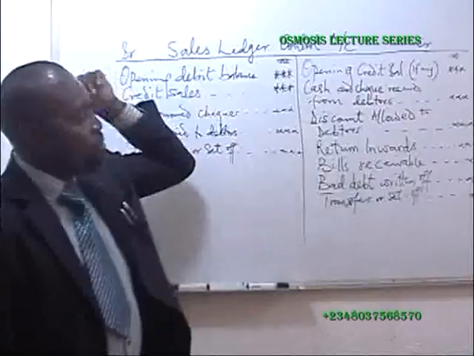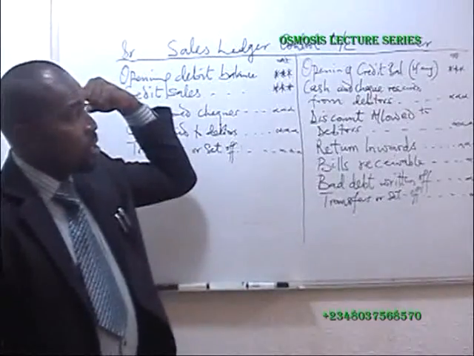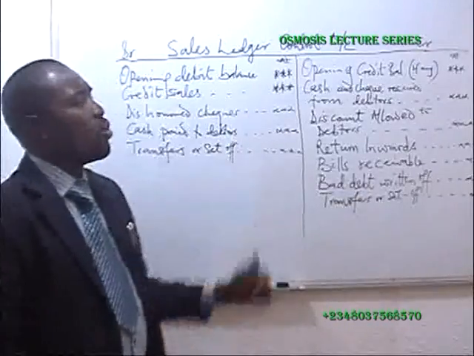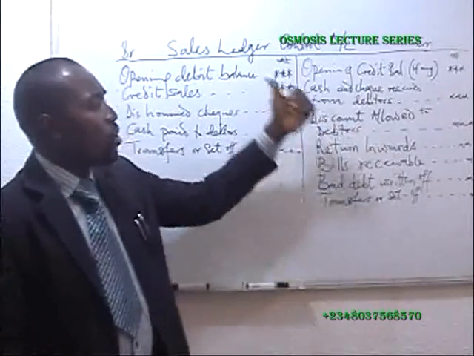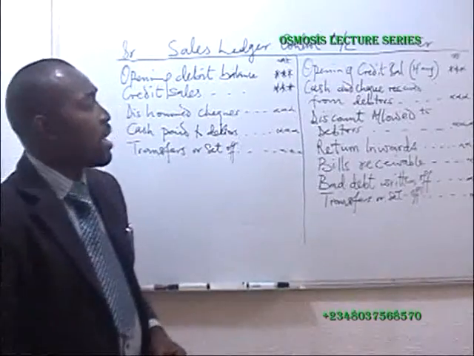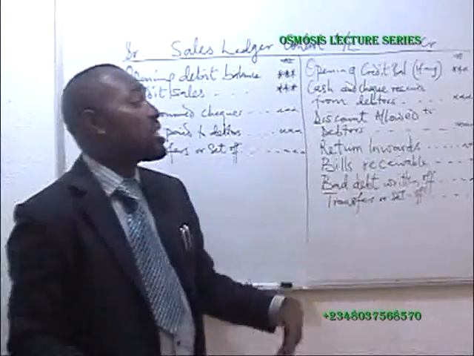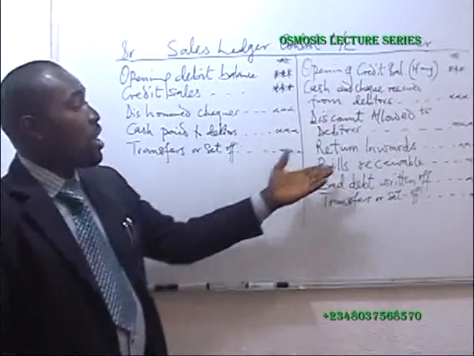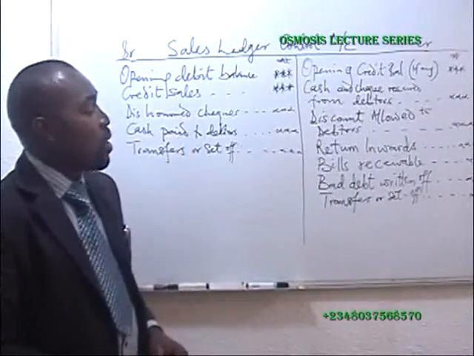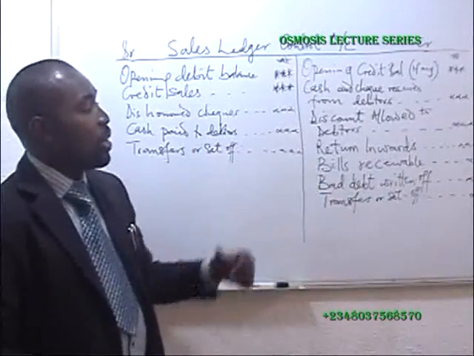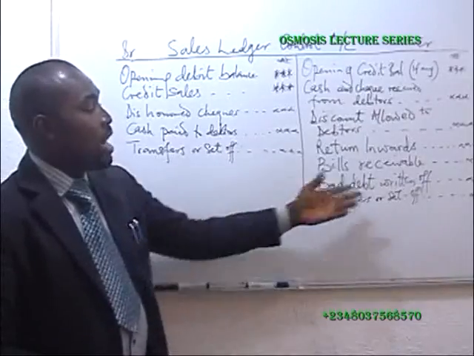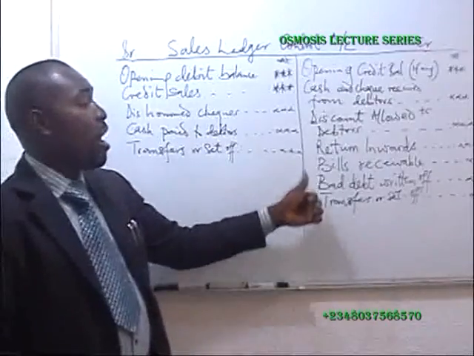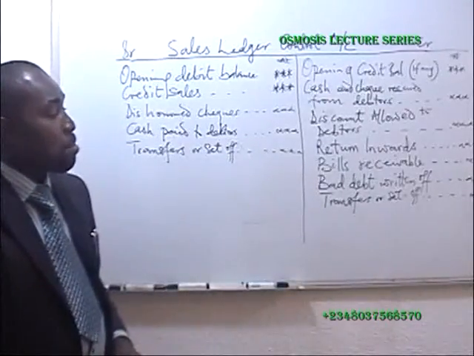Because you have recorded in your own account. If it is cash and checks received, you have recorded in your own account. Discounts allowed, you have debited your discounts allowed account, because these discounts are considered an expense or loss you have made. The returns inward, you have debited your returns inward account. Bad debt written off is just like a loss, and you have debited it already.